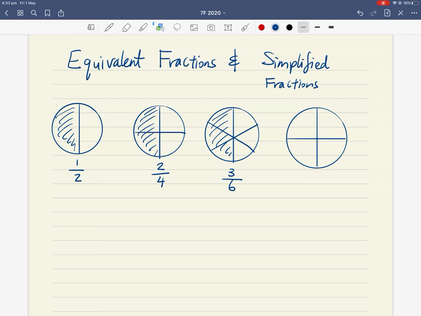So chop it into quarters, and then chop them in half again to get 8 slices of pizza. How many slices do you need to take out half a pizza? Well, it's 4 slices out of the 8 total slices. So technically 1/2 is the same as 2 quarters, because 2 out of 4 slices is the same as half a pizza, which is the same as 3 out of the 6 slices of pizza, which is the same as 4 out of 8 slices of pizza.